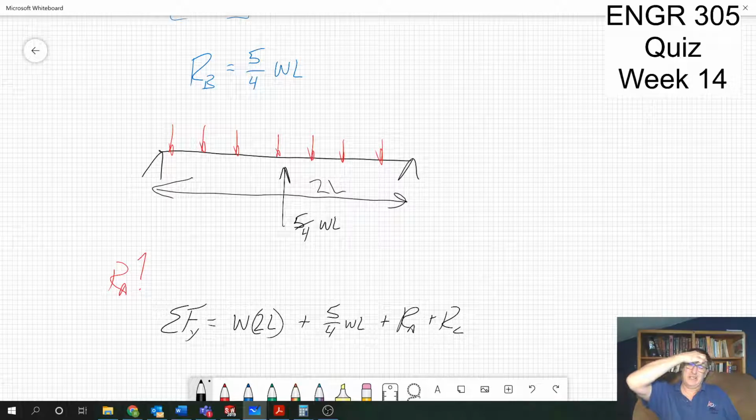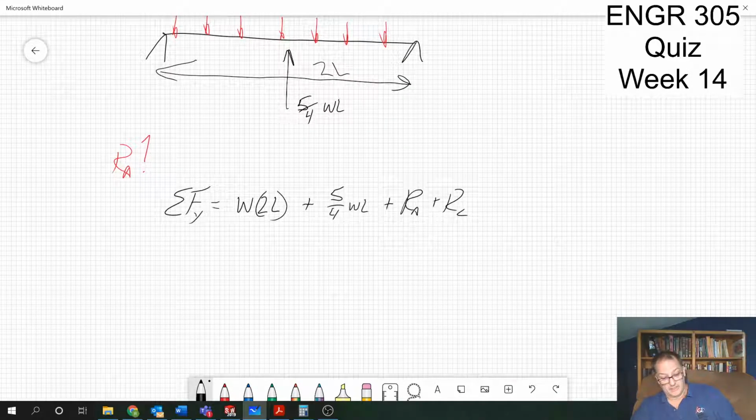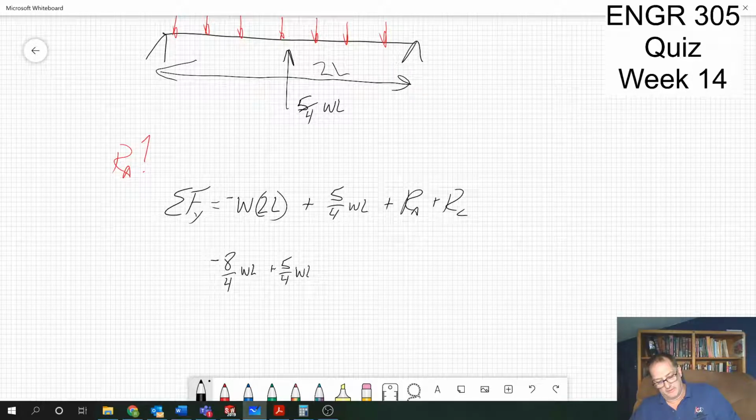Well, the reaction at A and the reaction at C, this is a symmetric system, so they're the same. So I've got 8 force WL. Oh, sorry, that's a negative. Minus plus 5 force WL.